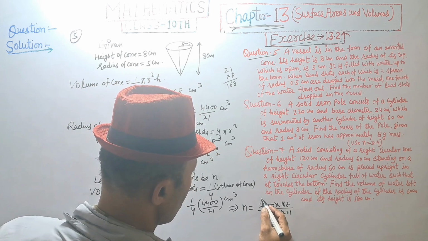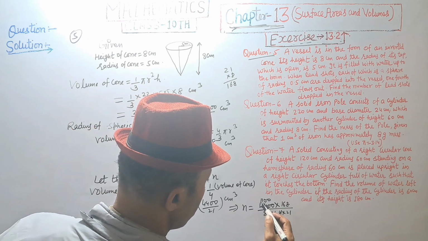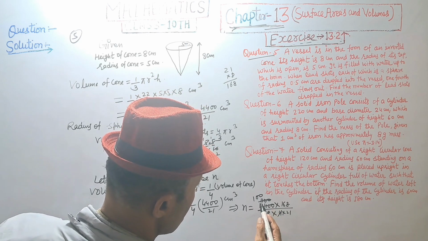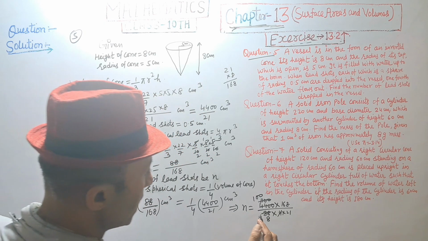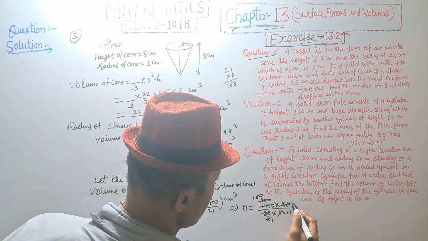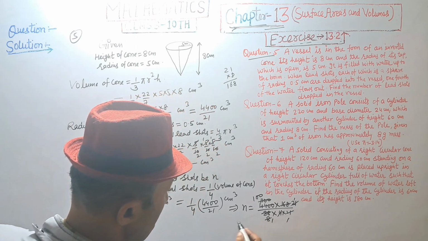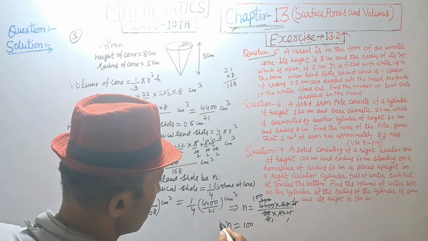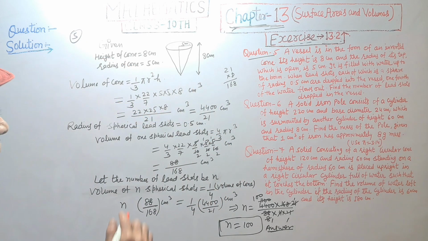This is cancelled by 1100 and 11, 8 11s are 88, 8 1s are 8, 8 2s are 16, 8 1s are 8, 21 cancelled. So n is equal to 100. Answer.